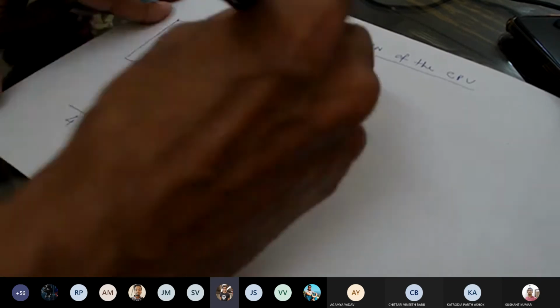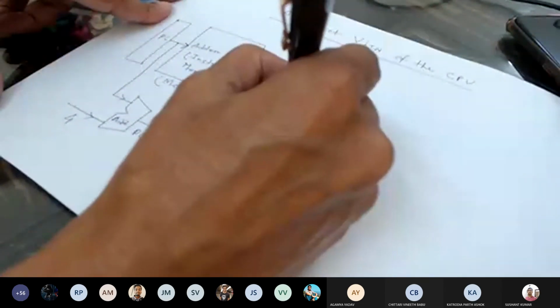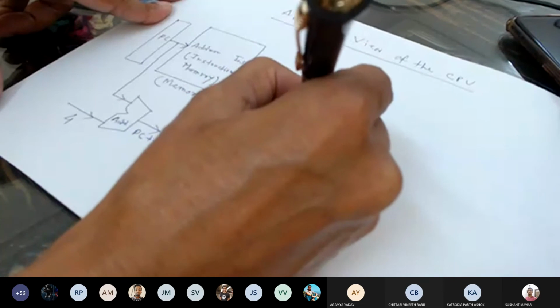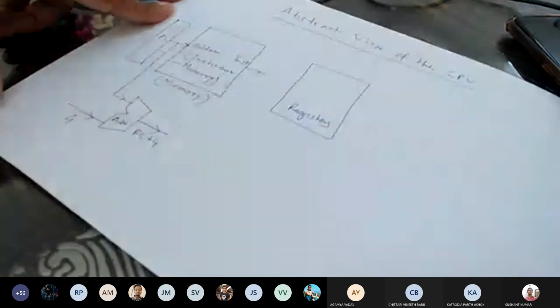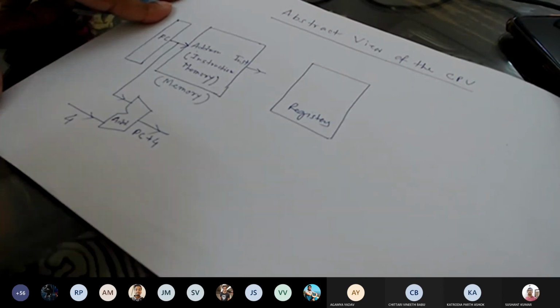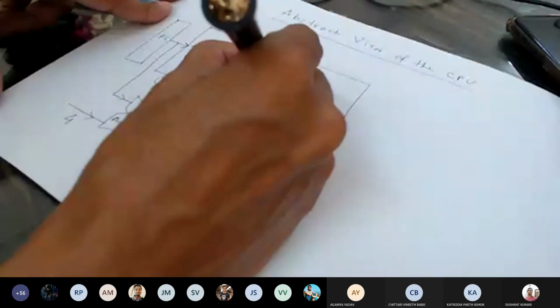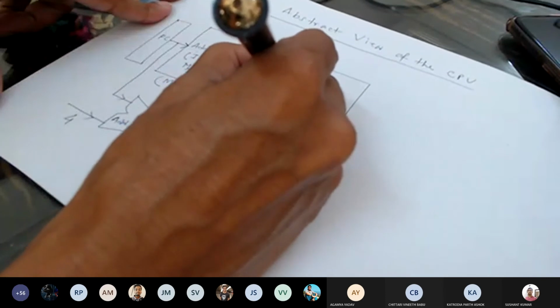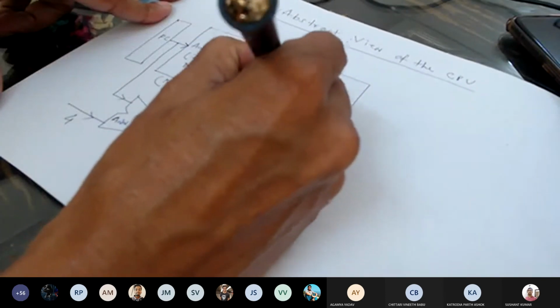Register access or something. Yes. So this is registers. Because there may be multiple registers, you can keep it like this.